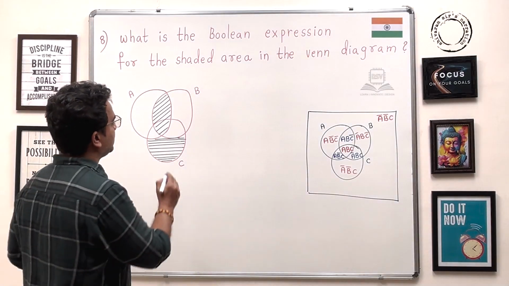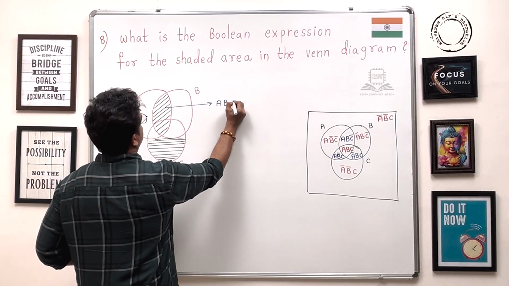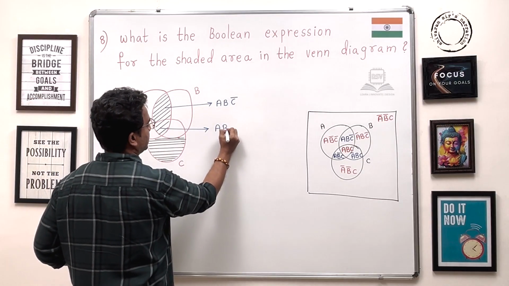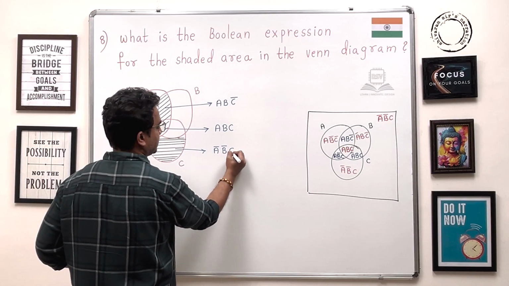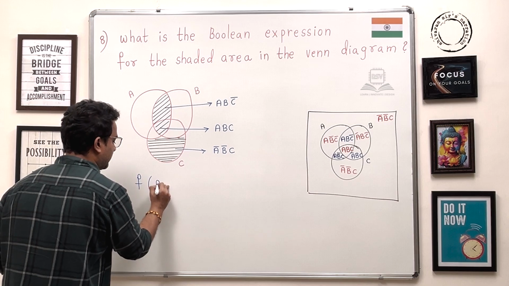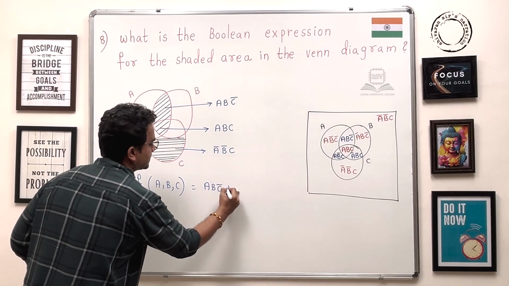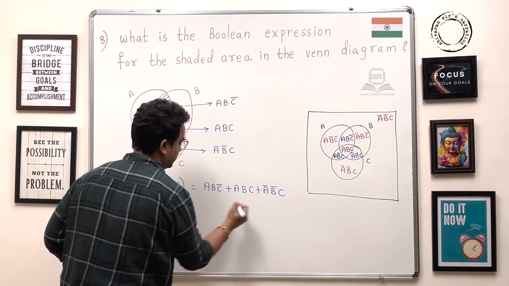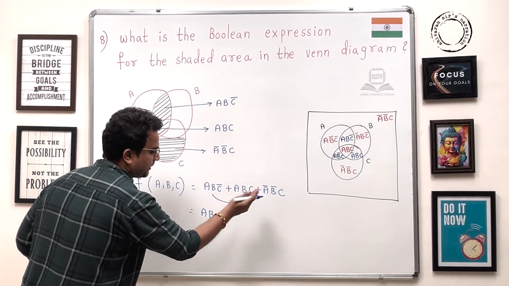As per the given question, this portion will be A, B, C bar, and this portion will be A, B, C, and this will be A bar, B bar, C. Now if you assume that's a Boolean function f of A comma B comma C, then it will be like ABC bar plus ABC plus A bar, B bar, C. Now here AB common, therefore AB into C plus C bar becomes 1.